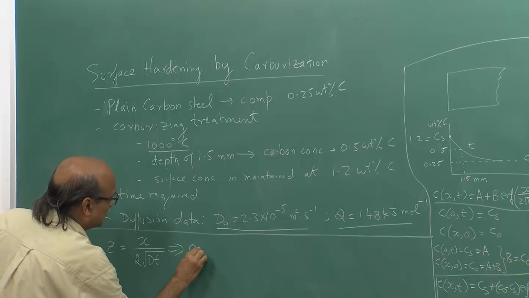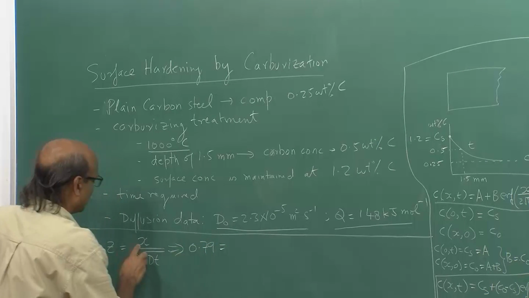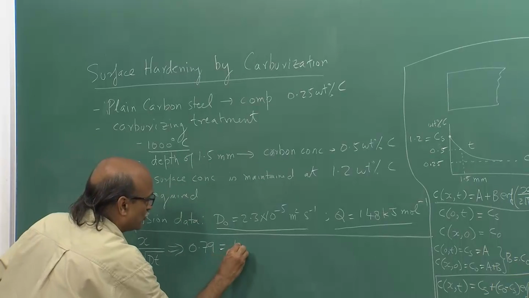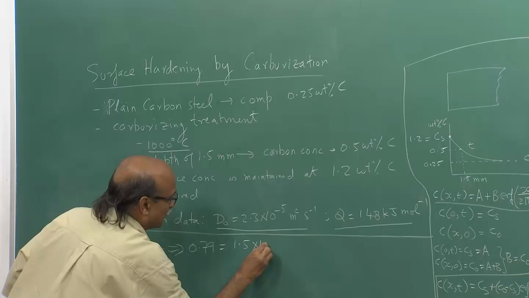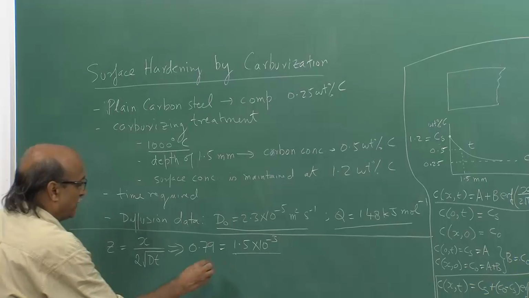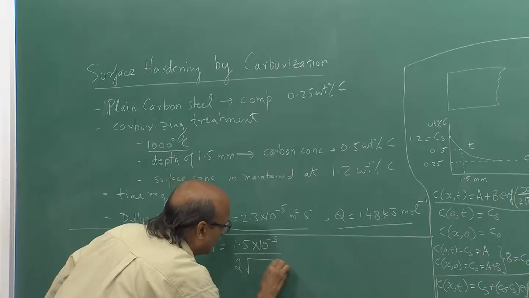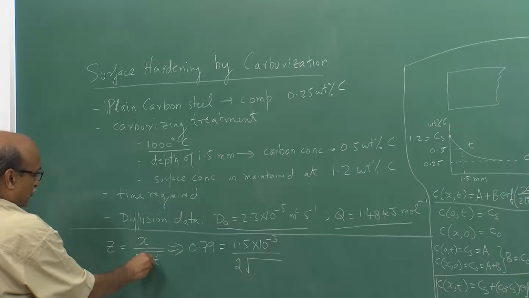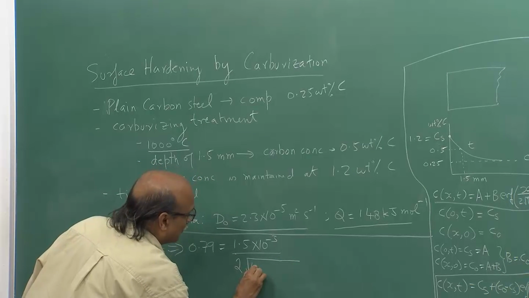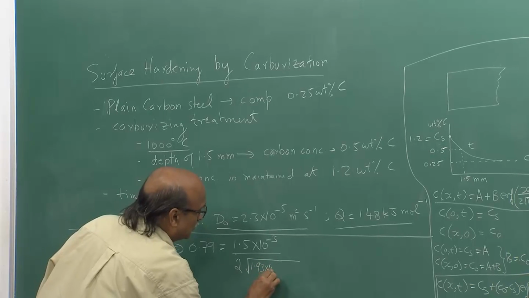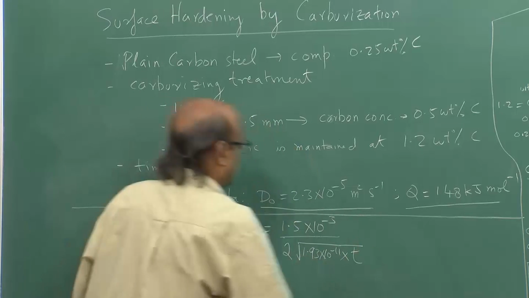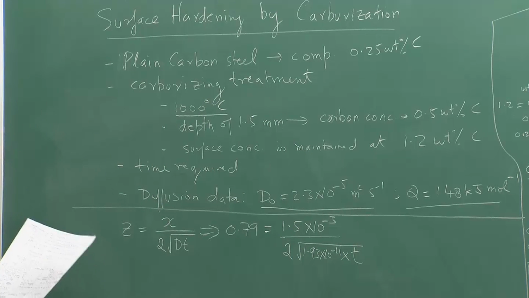I will substitute Z as 0.79, and X as 1.5 mm, converted to meters. So, 1.5 times 10 to the power minus 3 divided by 2 square root of D, which we have calculated just now as 1.93 into 10 to the power minus 11, multiplied by time t.